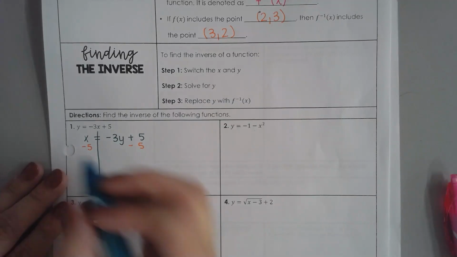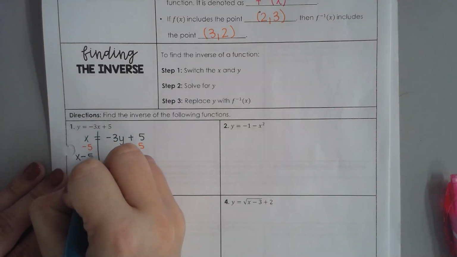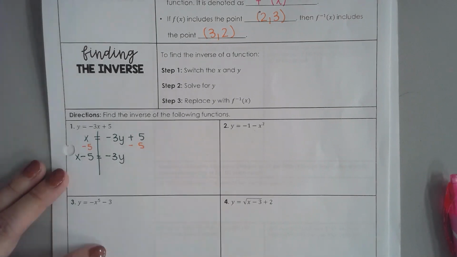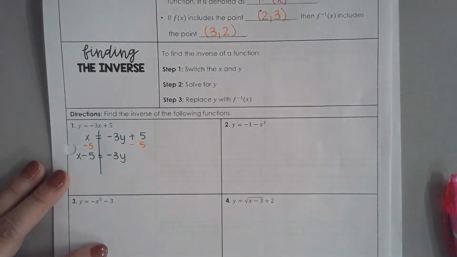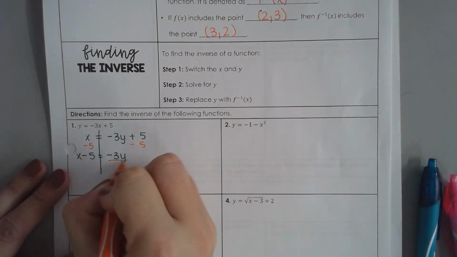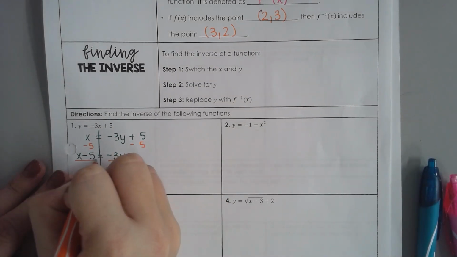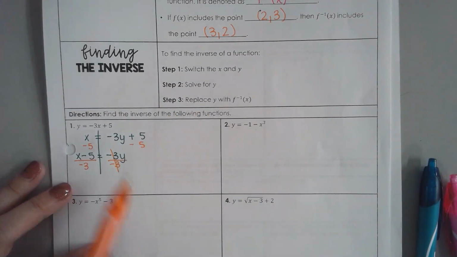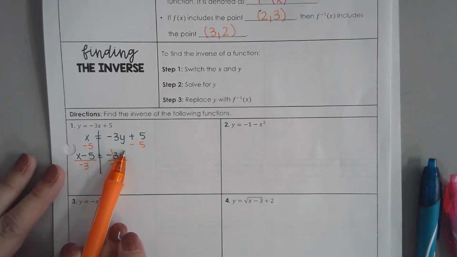We're just going to write down x minus 5 equals -3y. Then what? Divide by -3. So those cancel, and that gets y by itself.